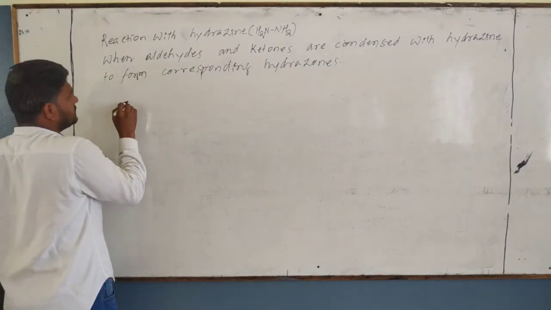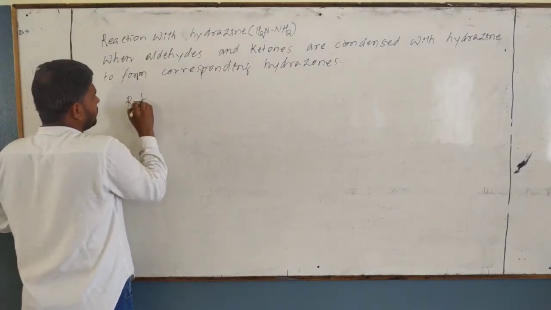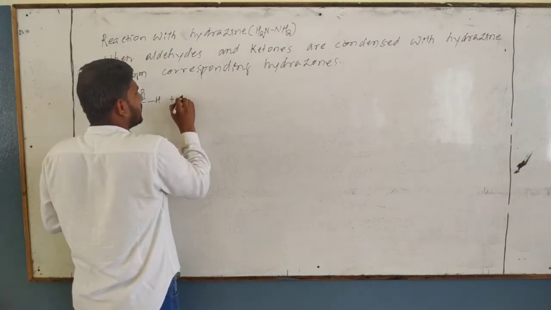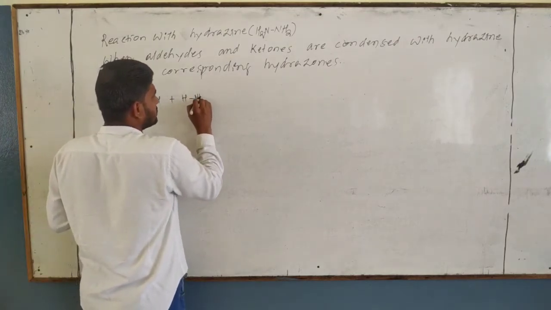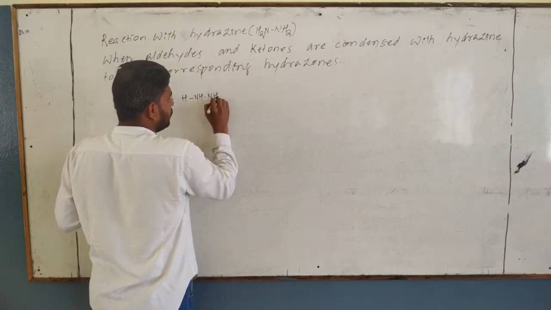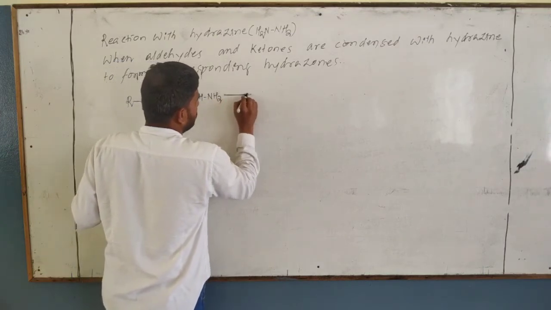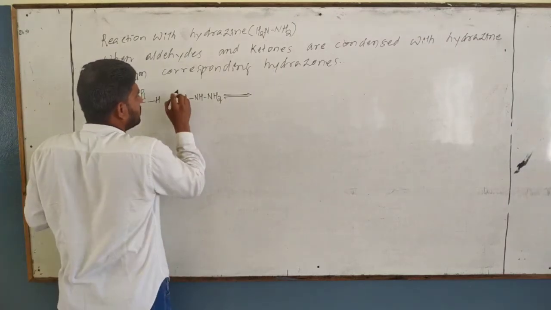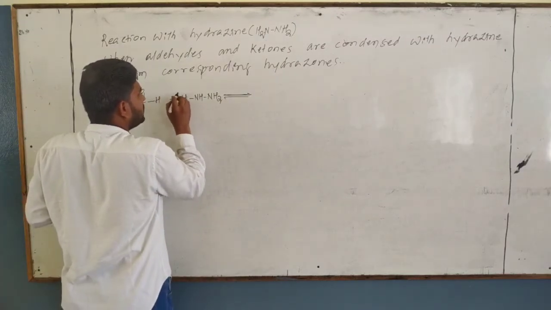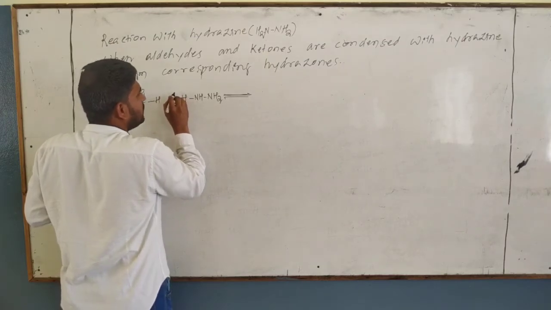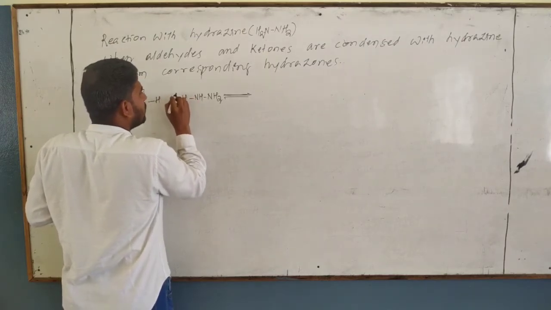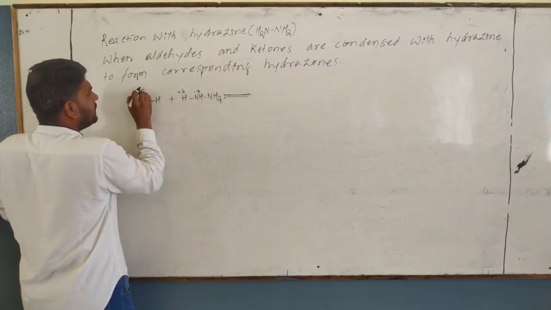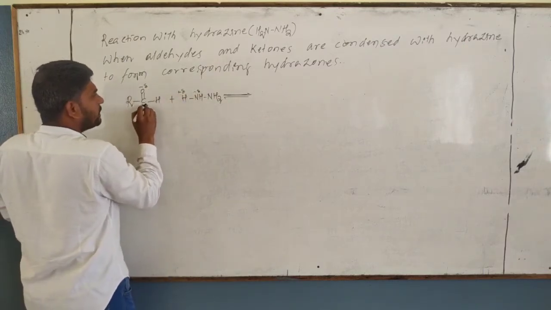Listen, aldehydes are C double bond O H. I can write hydrazine as RNH NH2. Both NH2 groups can attack by using either of the nitrogen atoms.